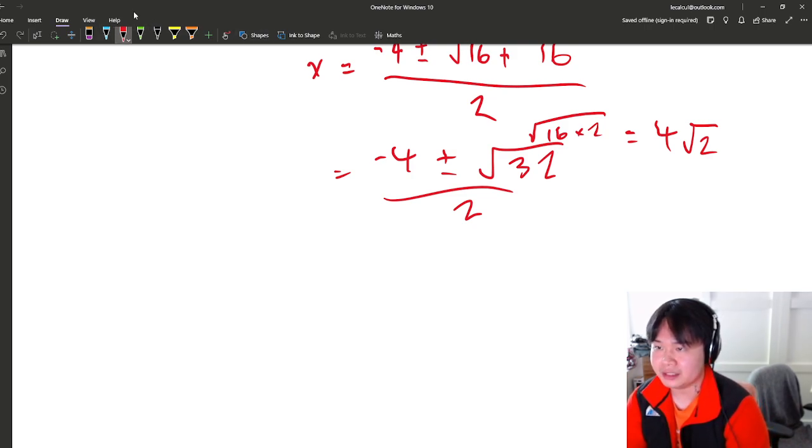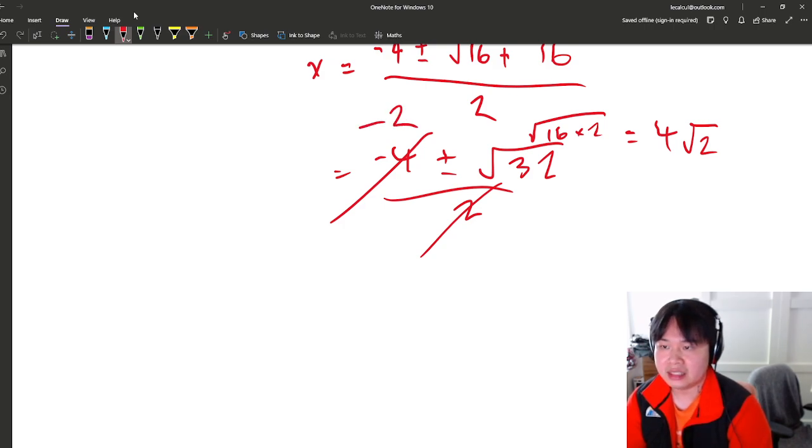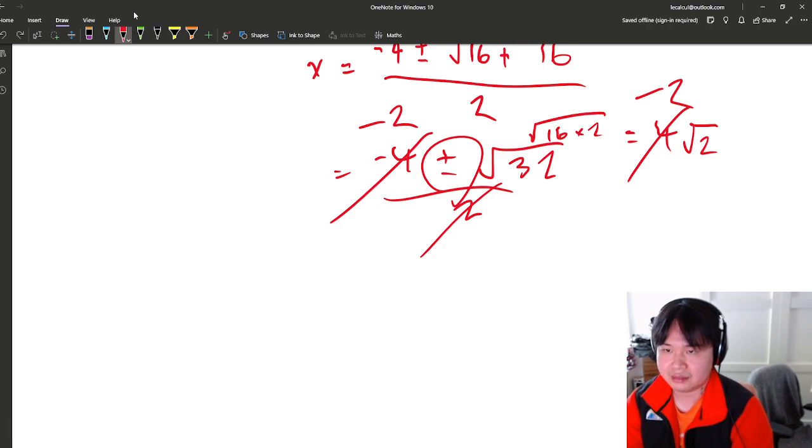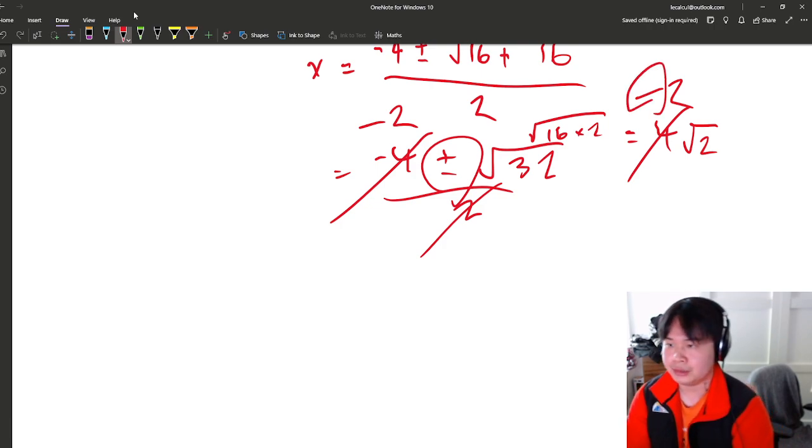So this becomes negative 2, and then this becomes negative 2. And then the plus or minus and the negative doesn't really matter. So your exact values are -2 plus or minus 2√2.